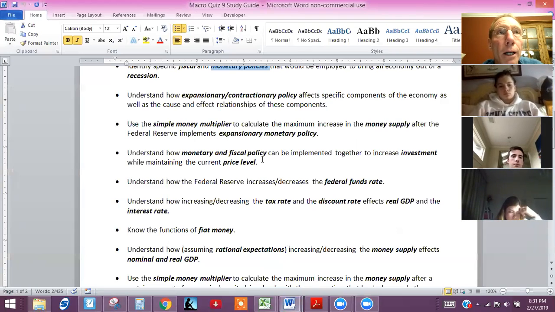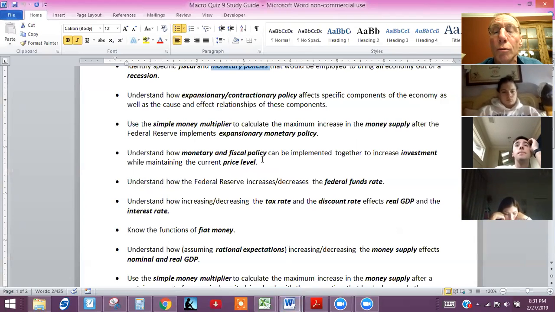Domestic investment is part of aggregate demand, but when a company invests in expanding their factory, that is an increase in aggregate supply. So they could use expansionary monetary policy to give banks more money to loan for capital investment. That shifts aggregate supply to the right.